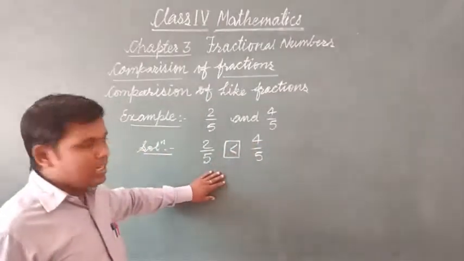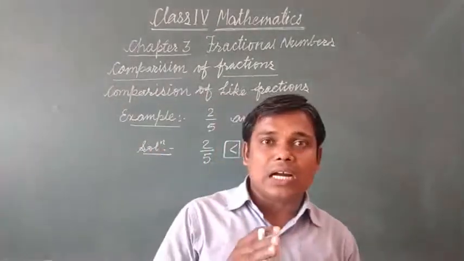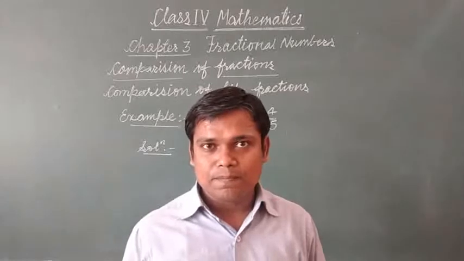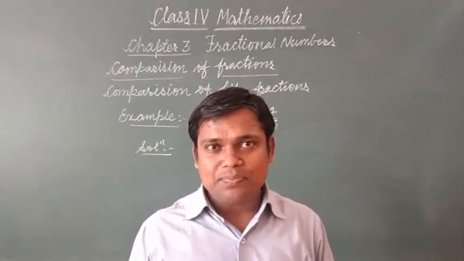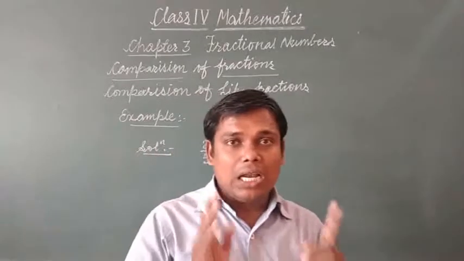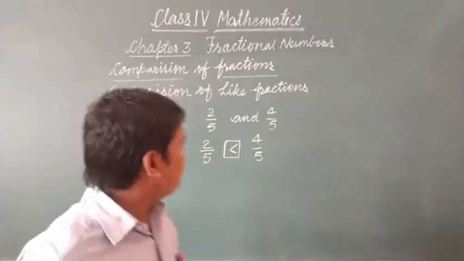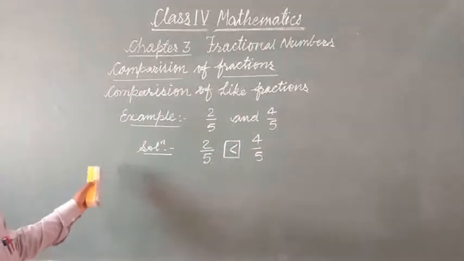It is quite interesting. Now the next question is, when we have unlike fractions, then there will be two cases. Unlike fractions with same numerator or unlike fractions with different numerators. Look at here. I hope this example you understood.